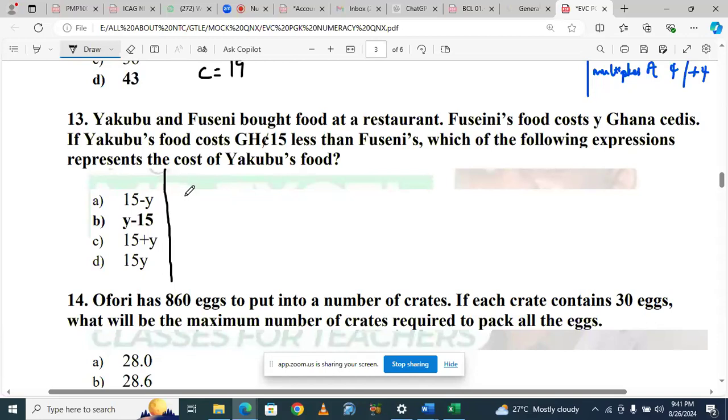Fusaini's food costs how much? Y Ghana cedis. Perfect. Next, continue. If Yakubu's food costs 15 cedis.